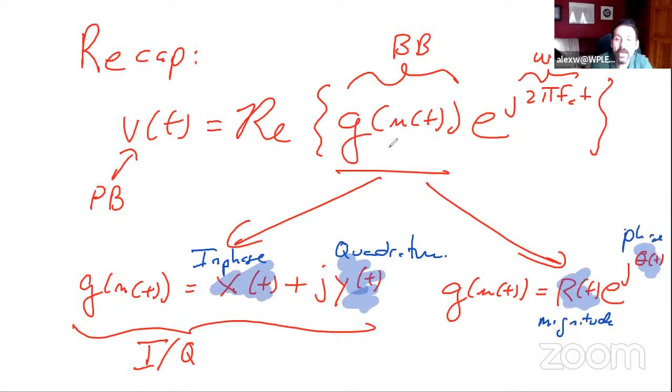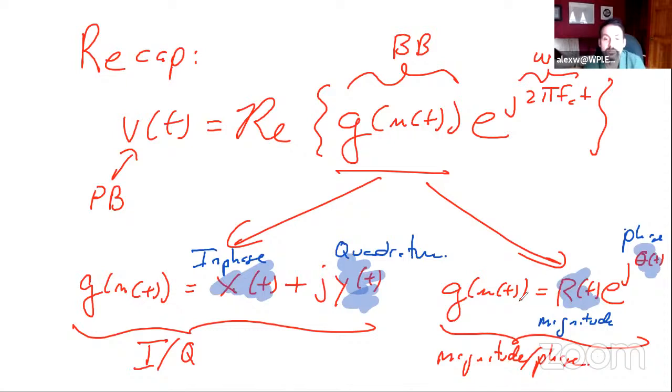This is what we refer to as the magnitude-phase representation. So we have these two ways of representing our baseband representation, which could potentially be complex.